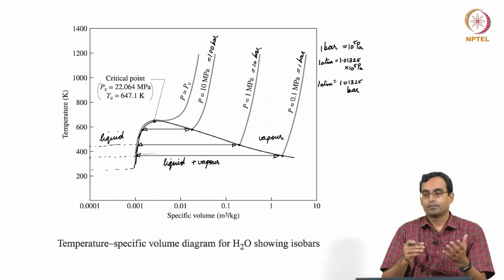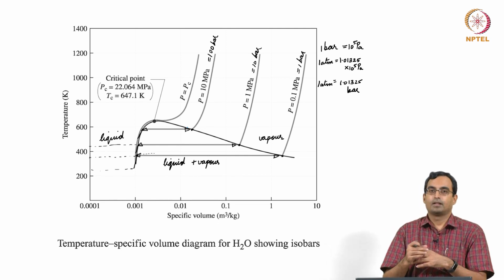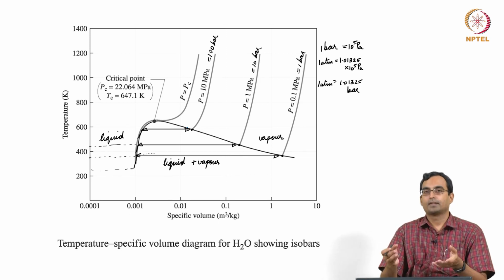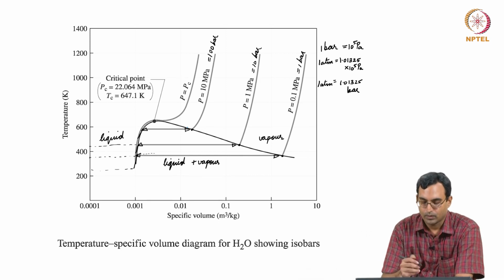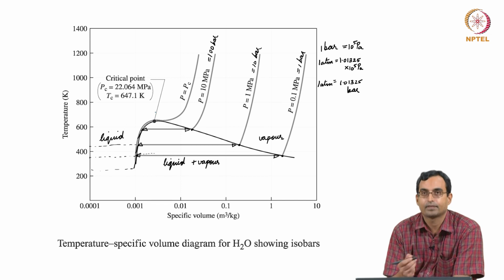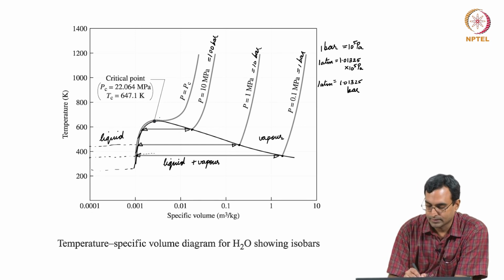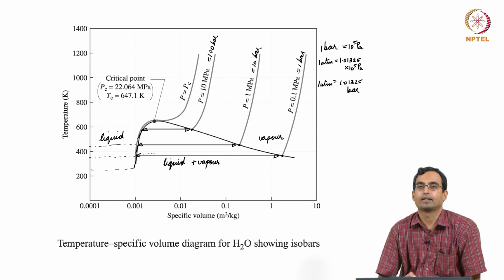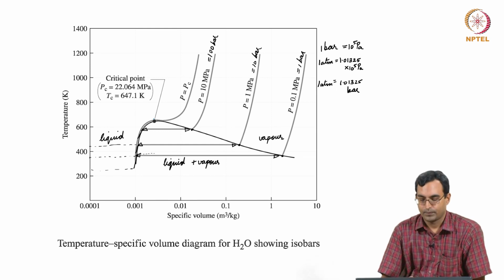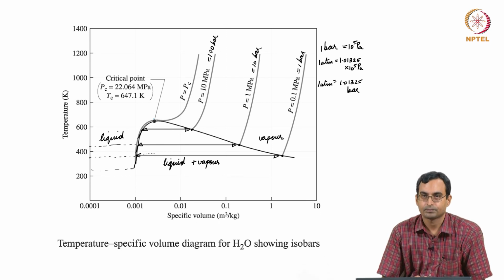At some very high pressure, both the liquid and the vapor will have the same volume, and that point is what we call the critical point, which I referred to also while looking at the compressibility charts. So, this is the critical point where this liquid line and this vapor line meet. At the critical point, there is no difference between the liquid specific volume and the vapor specific volume.